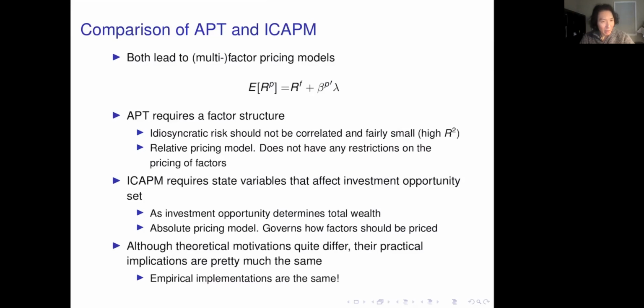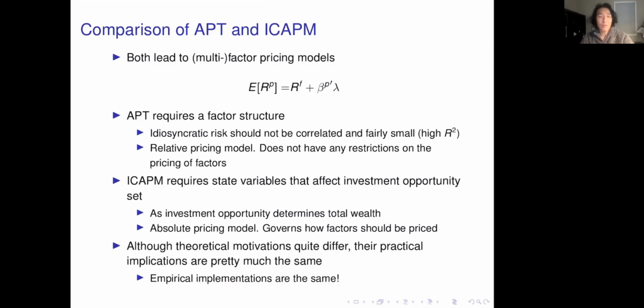But then the ICAPM is different. ICAPM requires that state variables should be related to the investment opportunity set or the consumption of the representative agents. The investment opportunity determines the total wealth, okay? And because we start from the equilibrium model, it is an absolute pricing model.